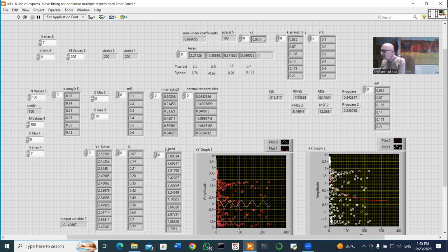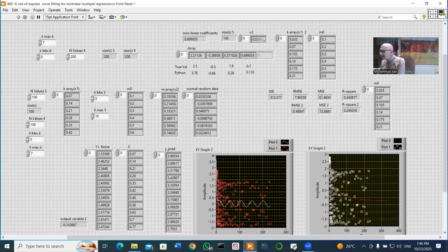Concerning the goodness of the function, the root mean square and the mean square, as you see here, they are about 9, about 8. You square it, it will be 64 or 62. This is the output of the program.